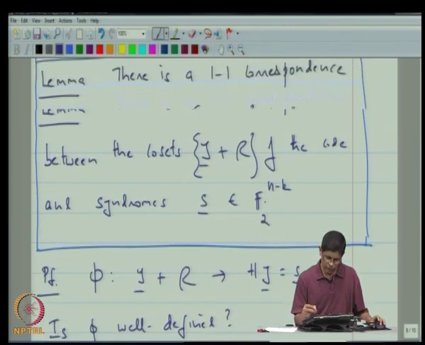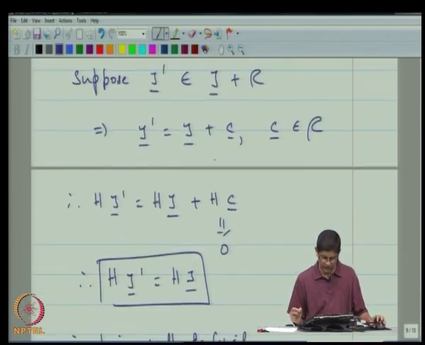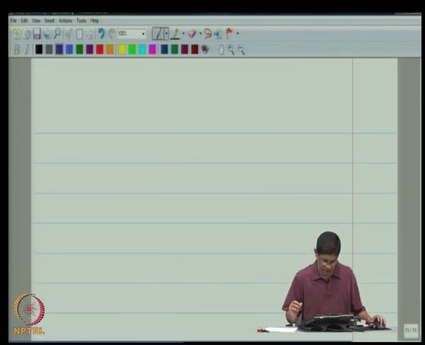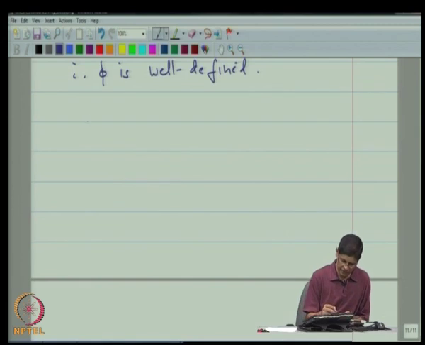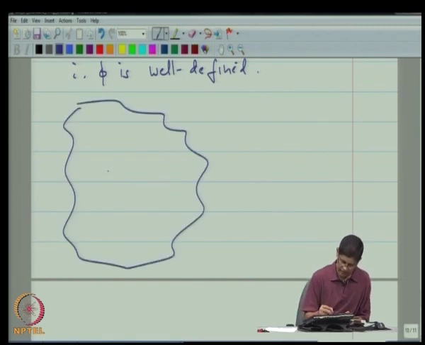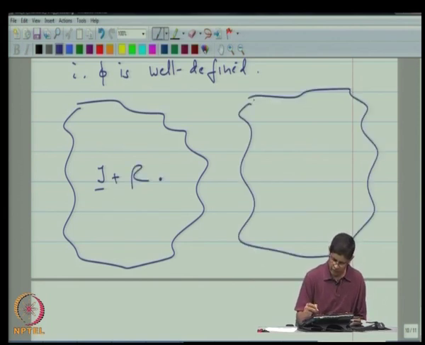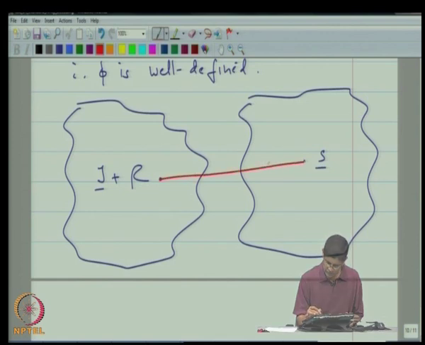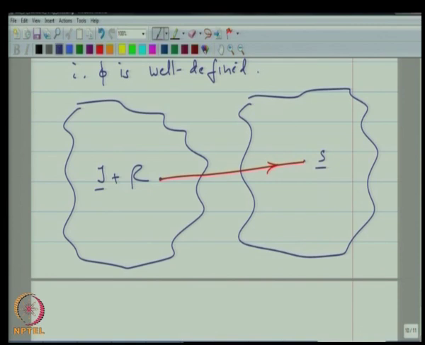Now, we want to actually establish more. We want to establish that in fact there is a one-to-one correspondence. That is, the picture is something like this: on this side you have cosets y plus c, and on this side you have syndromes. And what you are doing is mapping each coset to a particular syndrome, and you want to make sure that the map is one to one and onto.